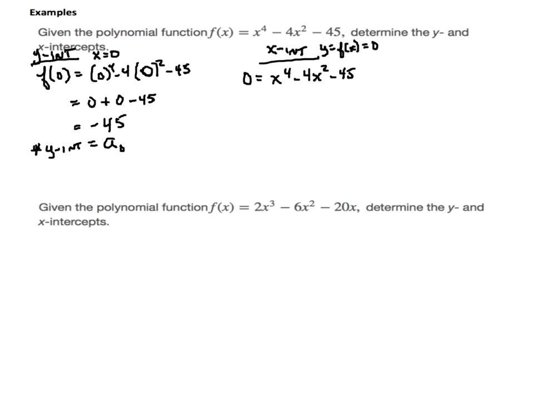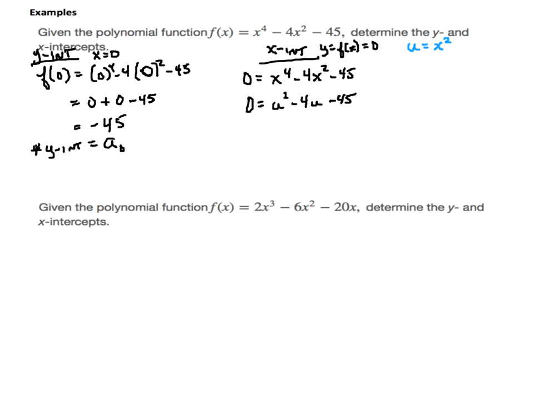So I can use substitution to make this a quadratic. We'll say that u is equal to x squared. So if I rewrite my function using substitution, u squared minus 4u minus 45. And then I can use the AC method to factor this because I want to factor and use the zero product property. I could use the quadratic formula as well, but I'll factor it.